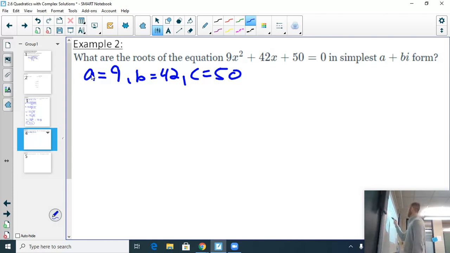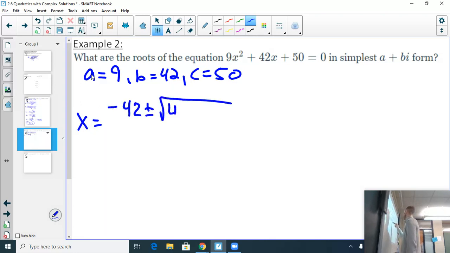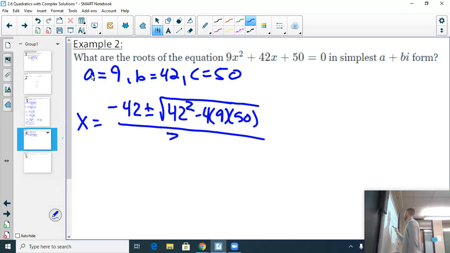And let's just start writing it out, right? x equals negative b plus or minus the square root of b squared minus 4 times a times c, all over 2 times a.